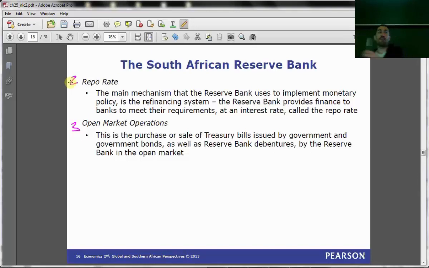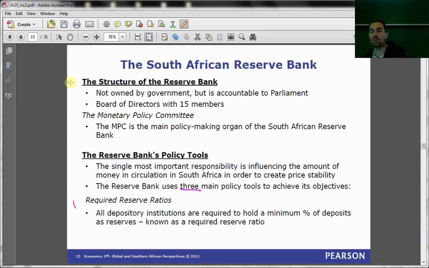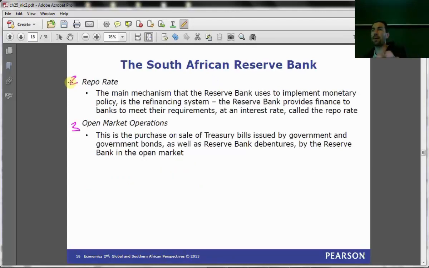And if they want to hold more cash and the Reserve Bank's not going to give it to them, they might have to call loans in, which means the money supply decreases because people have to repay their loans. So now we see that the Reserve Bank has these three tools for changing the money supply, and how it interacts with banks to change money supply.